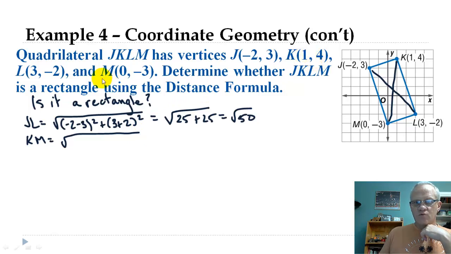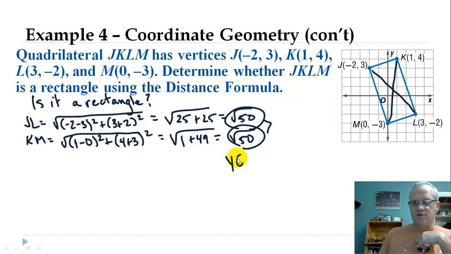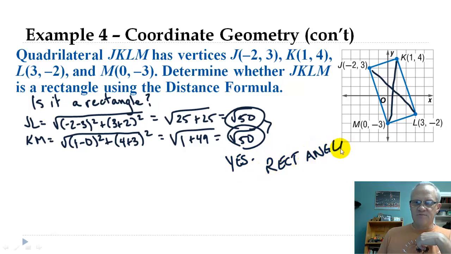And so KM, it's going to be 1 minus 0. And then 4 minus a negative, or 4 plus 3 squared. And so that's 1 squared is 1, and 7 squared is 49. And guess what? Oh, look at that. They're the same. And so what that means is, since these are the same, now we can say without a doubt, yes, this is a rectangle.